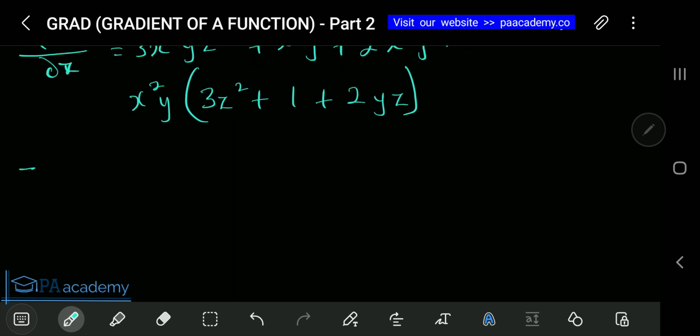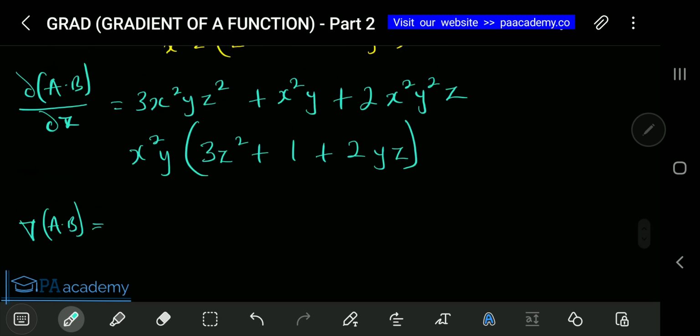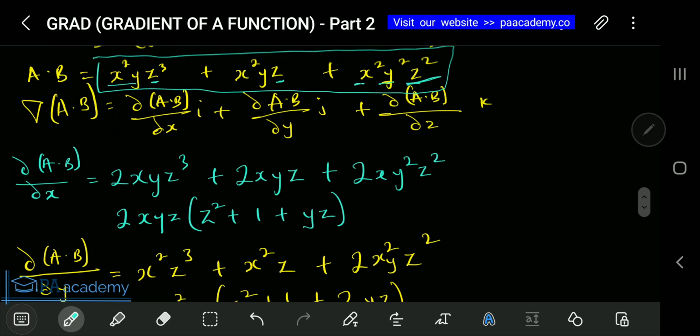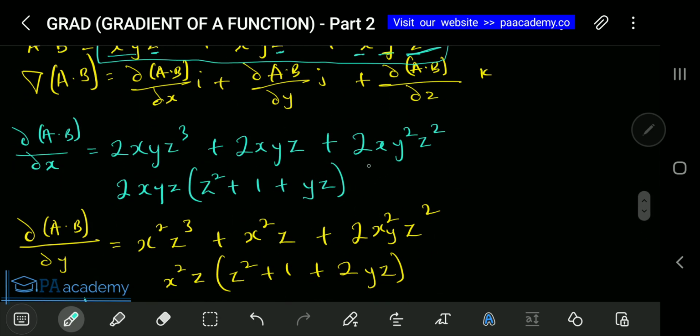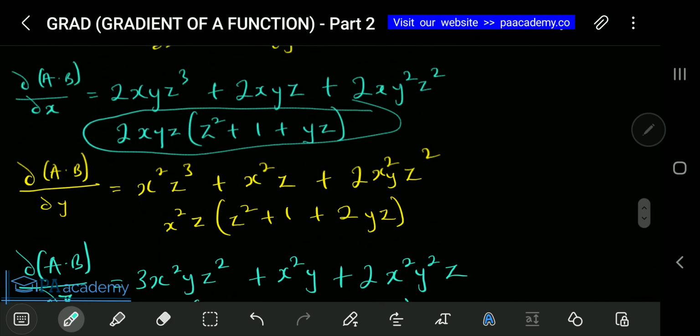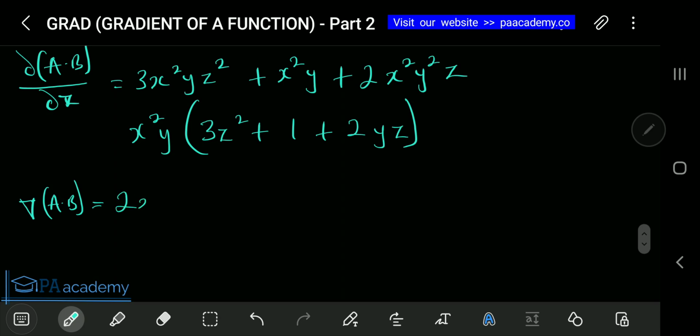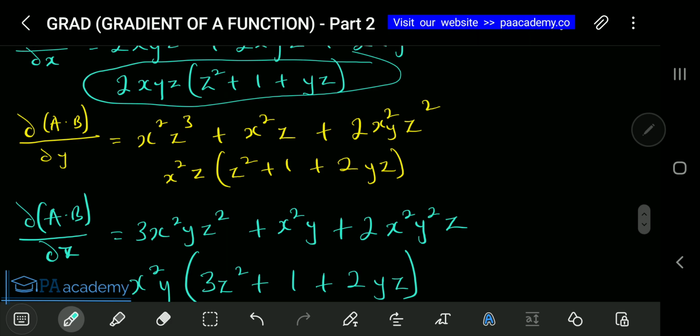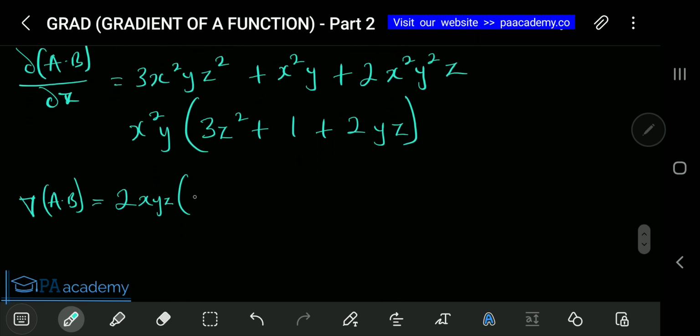So that means our grad of the dot product of a and b will be given as, so let's go to the first one. Let's write it out. That's 2xyz, then into brackets z squared plus 1 plus yz. So then put everything in brackets.